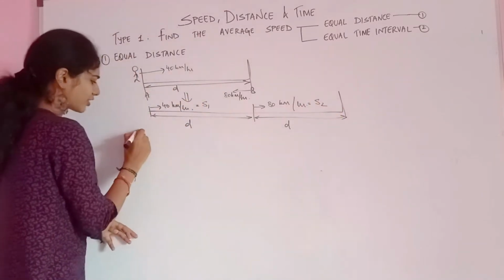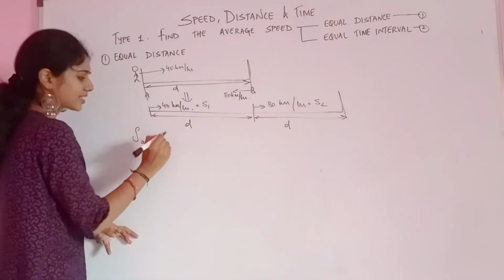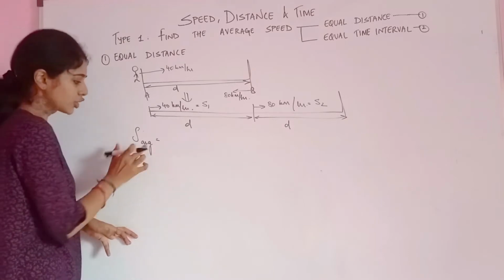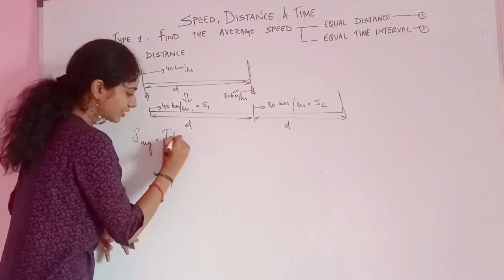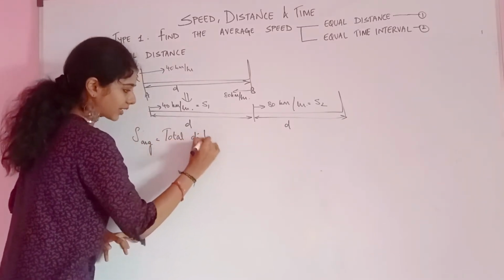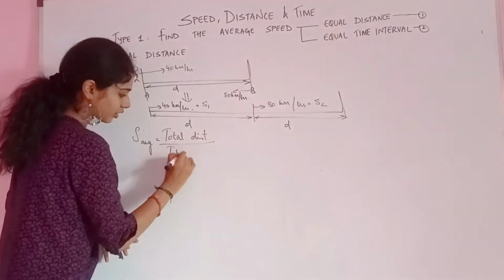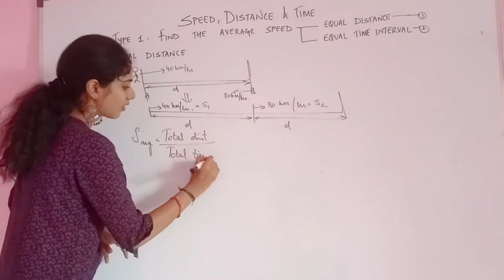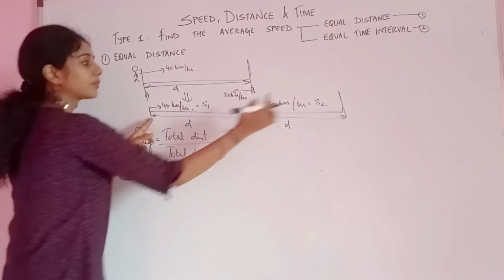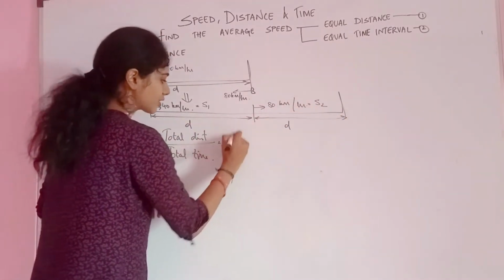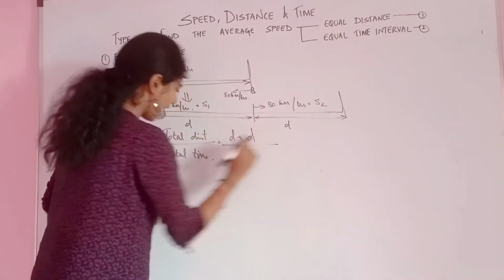So what is average speed? We know speed is nothing but distance by time. So average speed is nothing but total distance by total time taken. Here, the total distance is d plus d, which is 2d. And now total time.